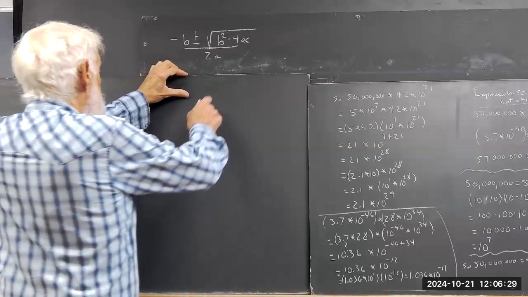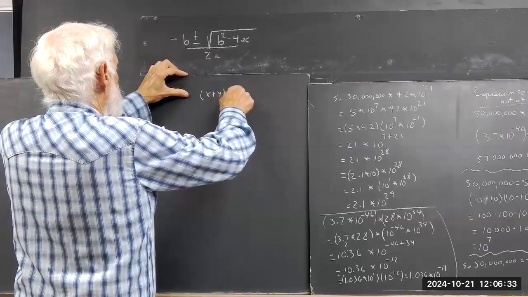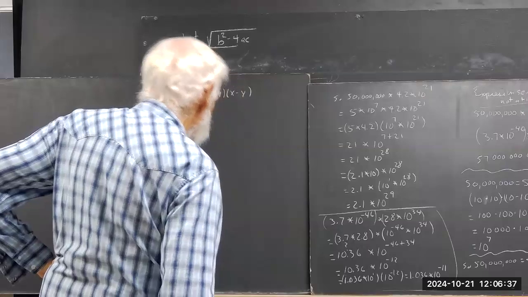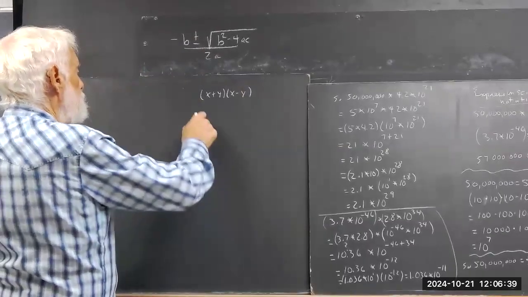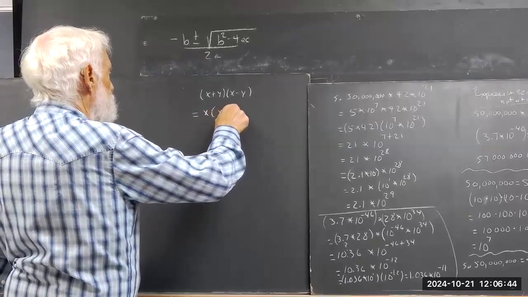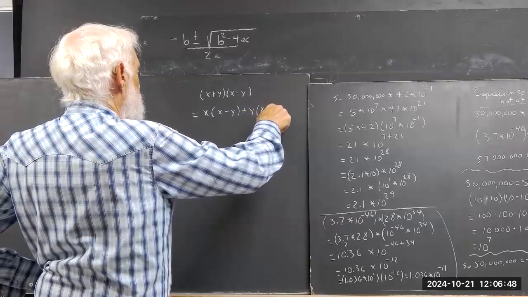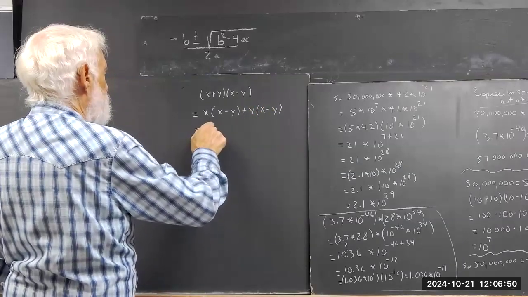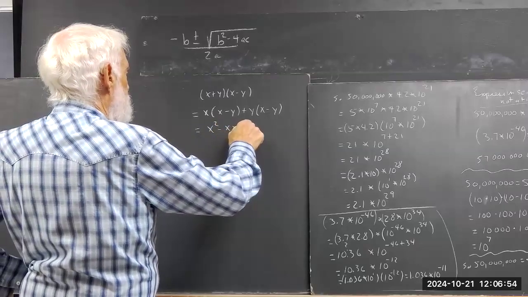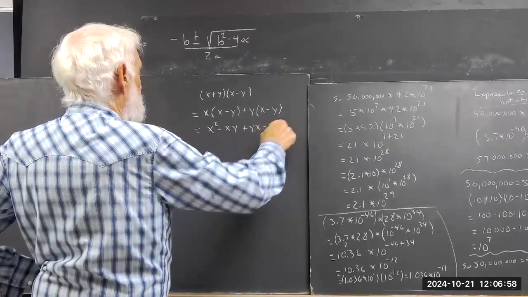The other special product was x plus y times x minus y. And of course, that's x times x minus y plus y times x minus y, which is x squared minus xy plus yx minus y squared.